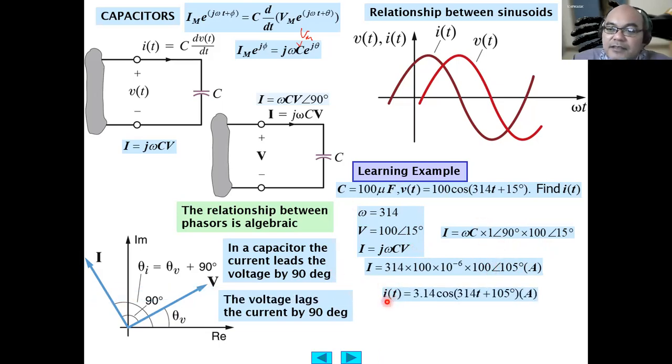If we want to express it again in sinusoidal form, this becomes i(t) equals, in ampere, 314 times 10 to the power of 4 times 10 to the power of minus 2, that is 3.14 cosine(314t + 105 degrees). Okay, it's clear how the circuit in AC steady state analysis behaves for resistor, inductor, and capacitor.